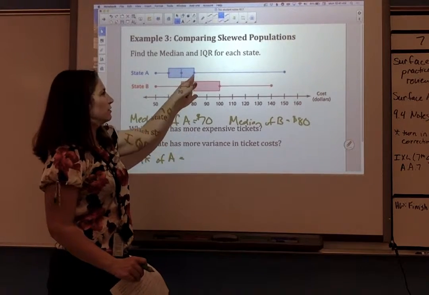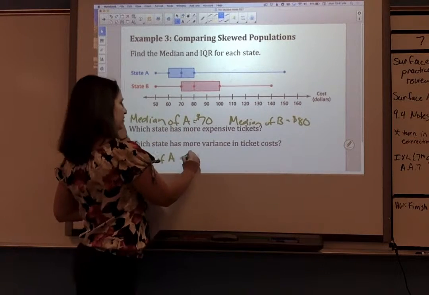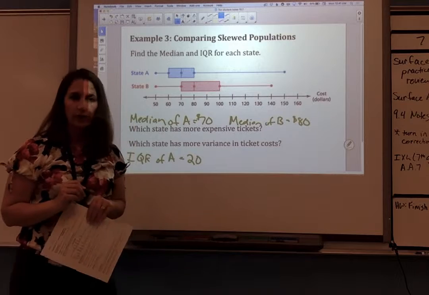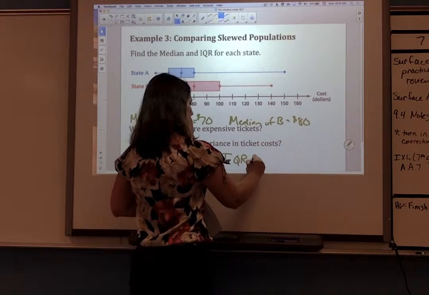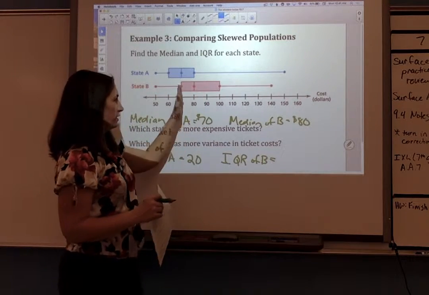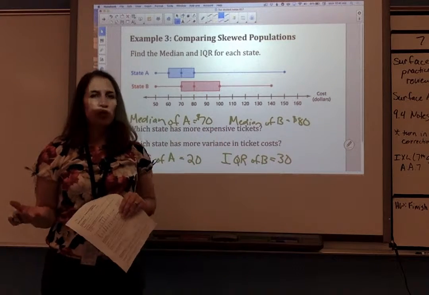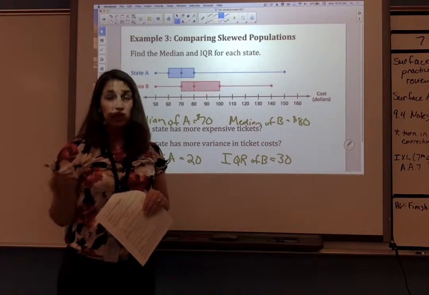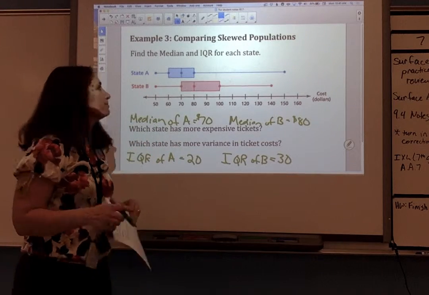So the range between the 3rd quartile and the 1st quartile. So that's 80 minus 60. That is an interquartile range of 20. And the interquartile range of B will be from 100 to 70. So that's 30. So if we want to know which state has more variance, B has more variance, right? It's a little bit more spread out.